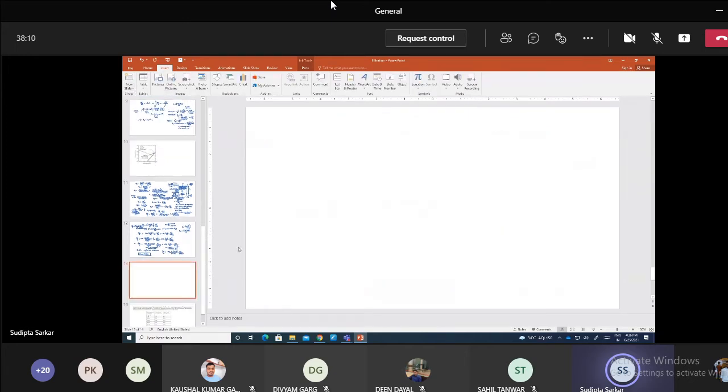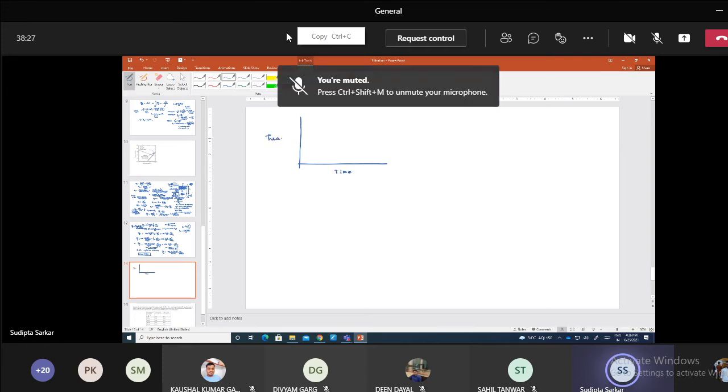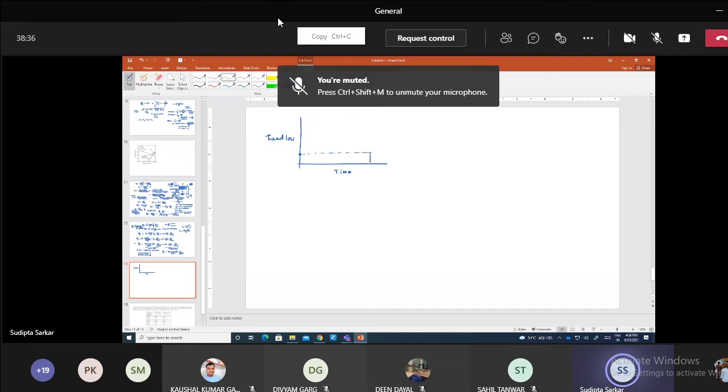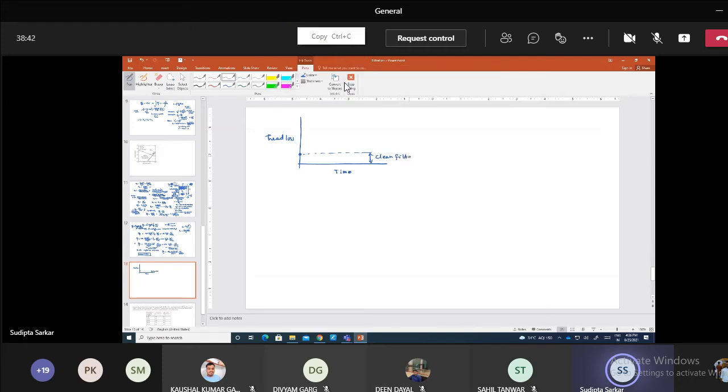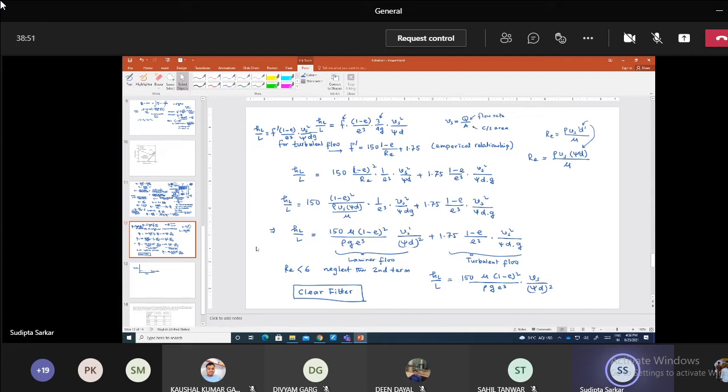Over time when you run this filter, obviously the head loss increases. If you draw a curve between time and head loss, initially you have the clean filter head loss, which you get from this formula, HL by L equals this.